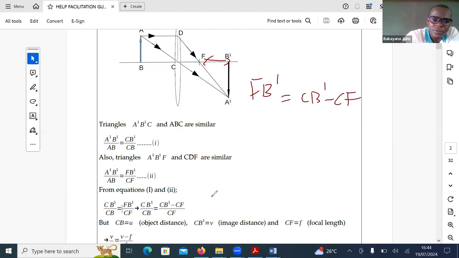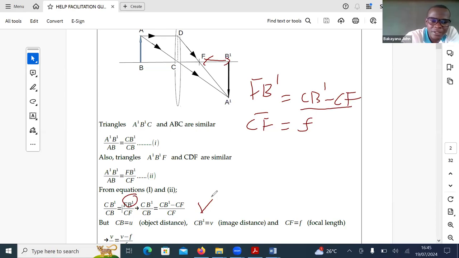And that length CF is the same as the focal length. You see that? If I reach that step, I can easily say that CB prime over CB is going to be FB prime, which is CB prime minus CF, out of CF.